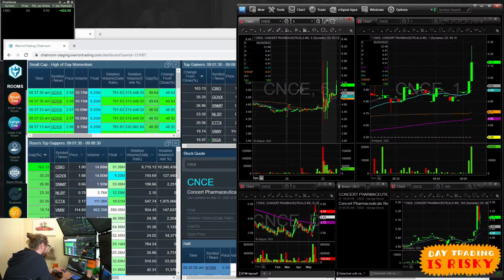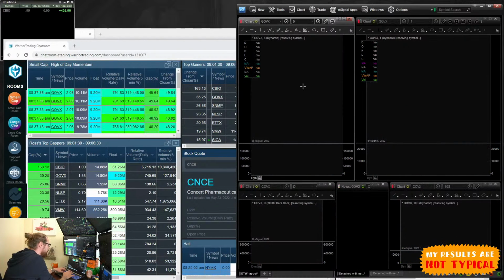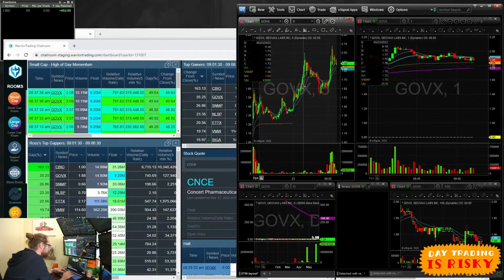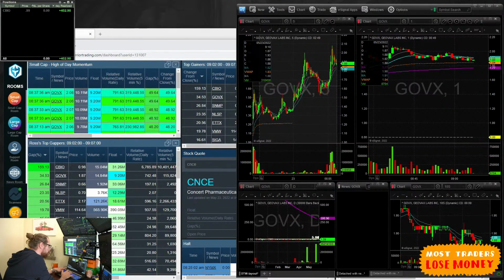Okay, let's see. What do we have next? We'll switch back to GovX and take another look at that. CBIO will be on watch closer to the open. We'll see whether or not it squeezes through. Would leave the next order around 108 just so it's ready.